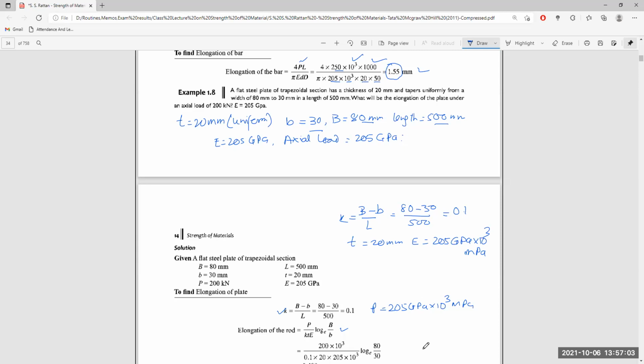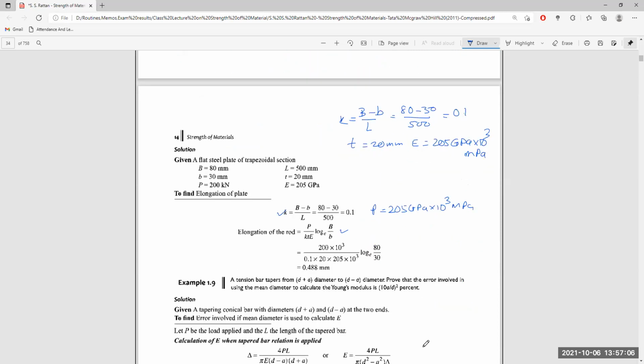If we put all these values here, the elongation of the bar will become 0.488 millimeter.